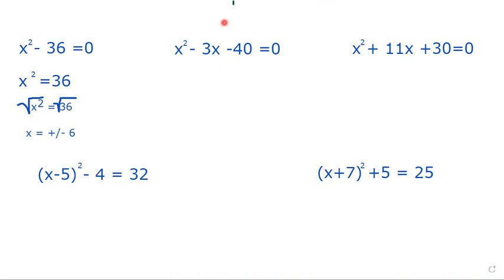This is why your multiplication tables are so important. You have to think up all the factors that can give you 40, like 20 and 2. That wouldn't work. Or 10 and 4. That wouldn't work. What about 8 and 5? That works because the difference between 8 and 5 is 3.